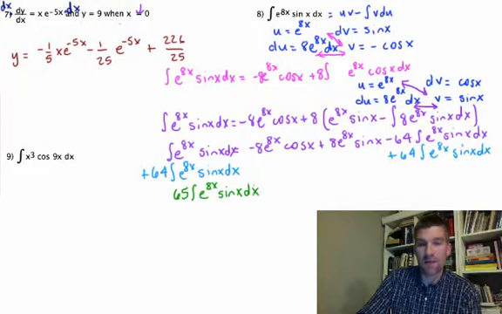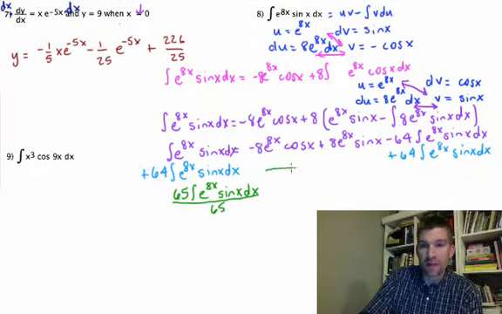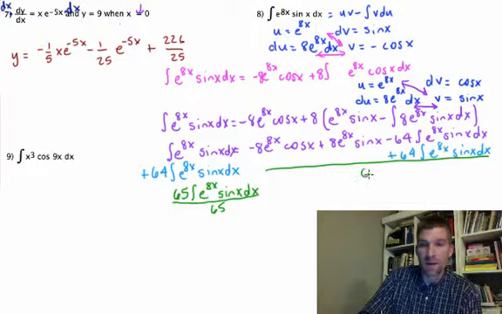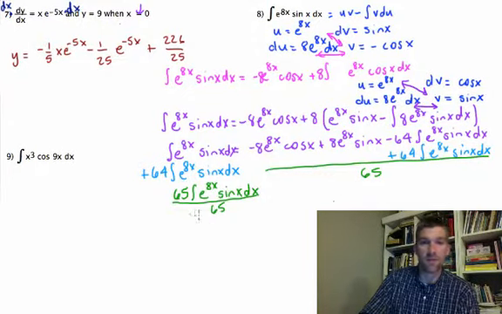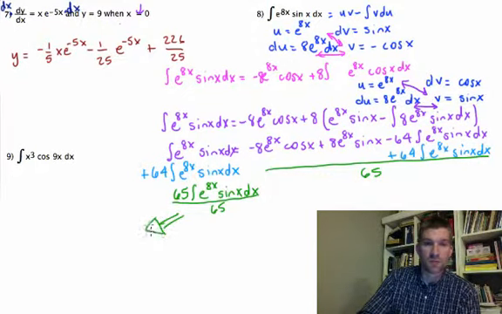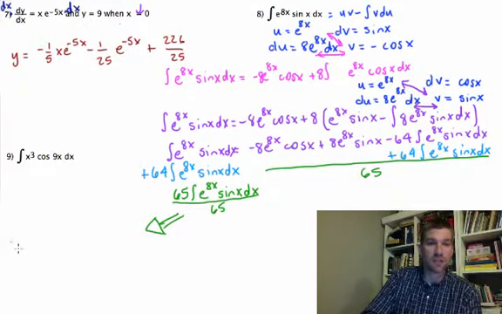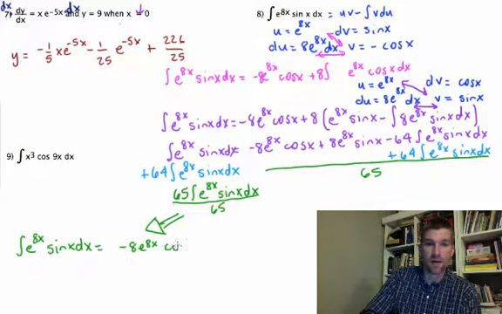And if that's what I have on the left, I can divide on the left by 65. I can divide what I've got on the right by 65. And since I'm running out of space over my head, I will actually end up with this, that the integral of e to the 8x sine x dx is equal to this long old guy right here.